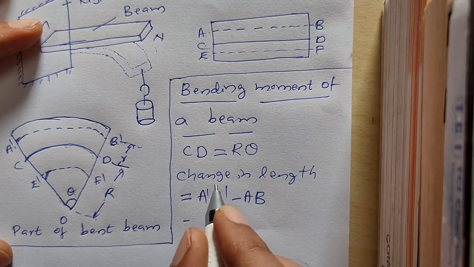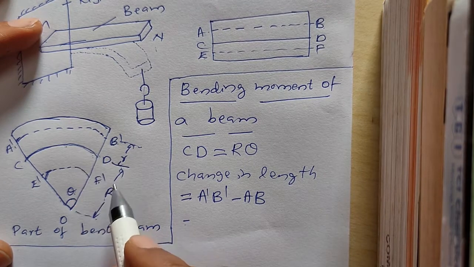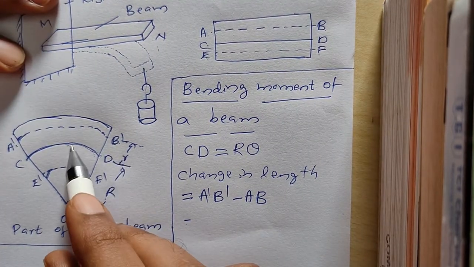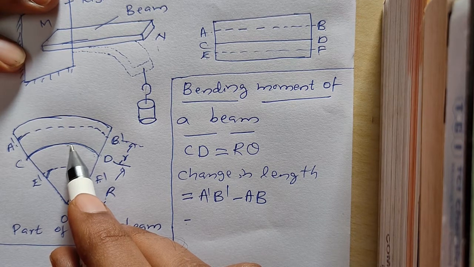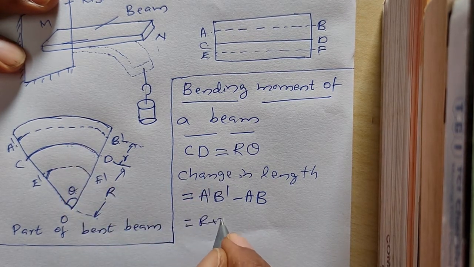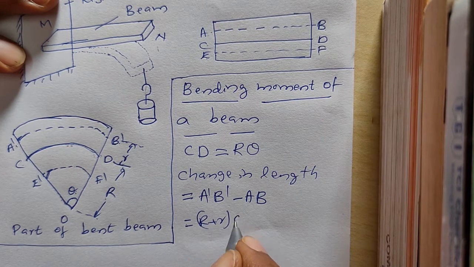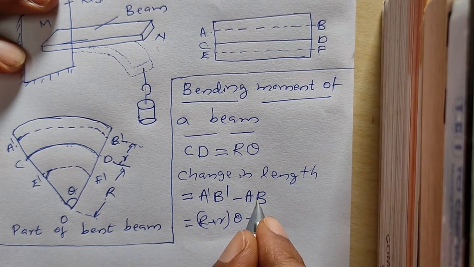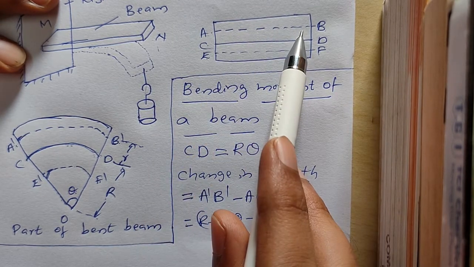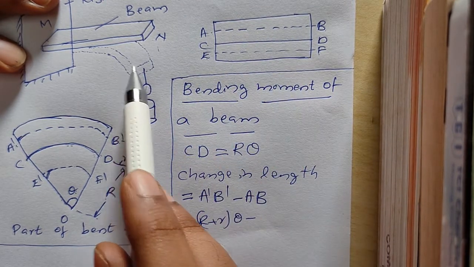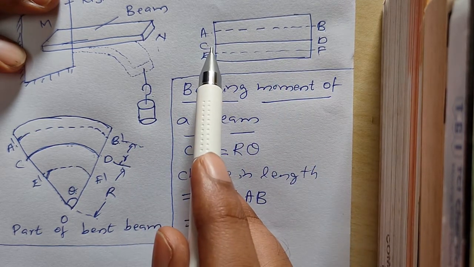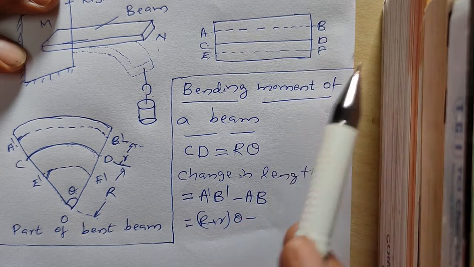A dash B dash is equal to (R plus r) into theta, because here to here is R, and here to here it is small letter r. So it is (R plus r) theta minus AB. Before we applied a load, the length of the filament was AB, and that is equal to CD.